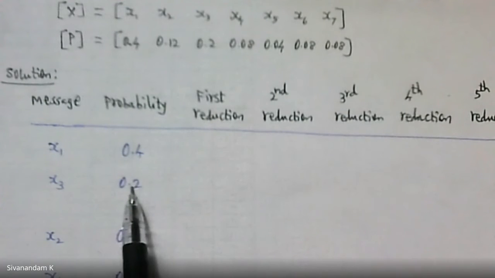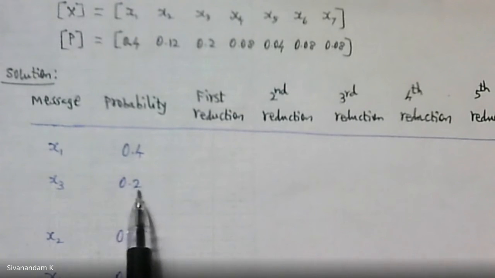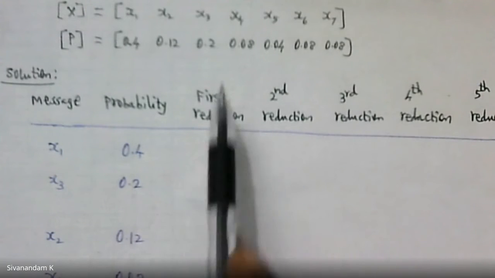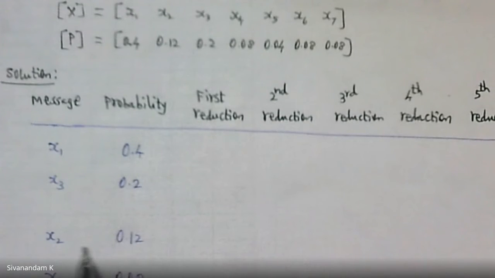Then the next probability value is 0.12, so the x2 message is placed third.